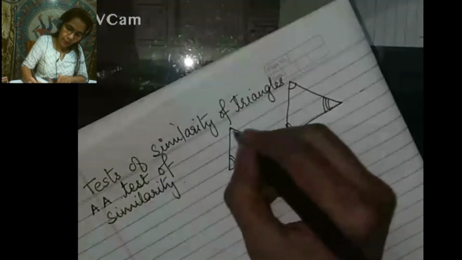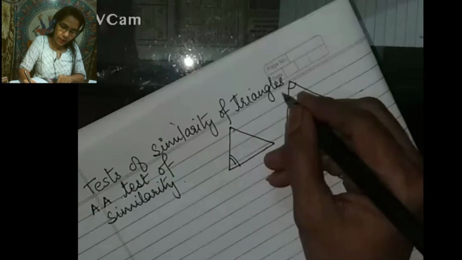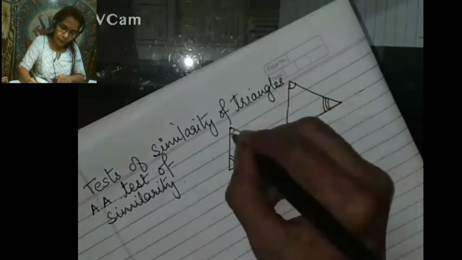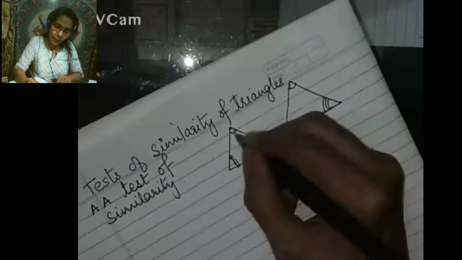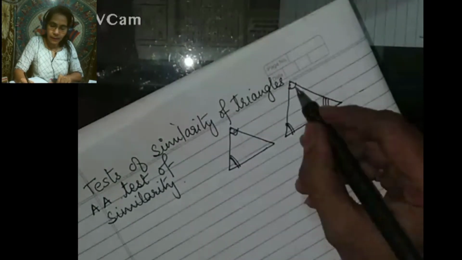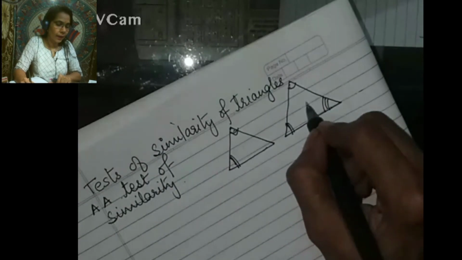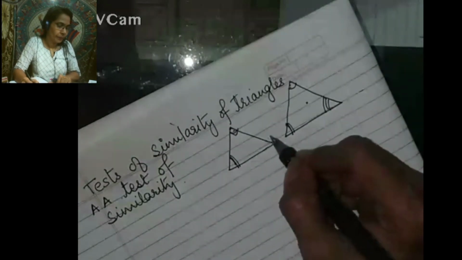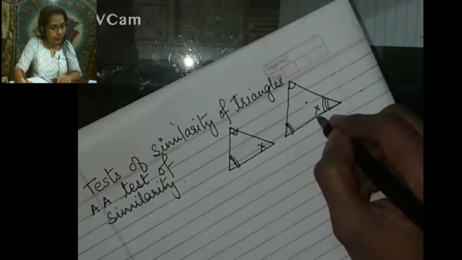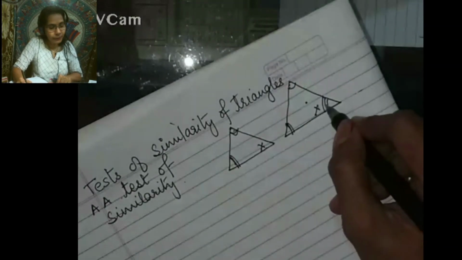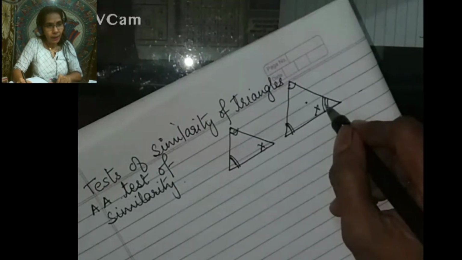For a given correspondence, when two angles of a triangle are congruent to the corresponding two angles of another triangle, then the remaining angle of the first triangle is congruent to the remaining angle of the second triangle.